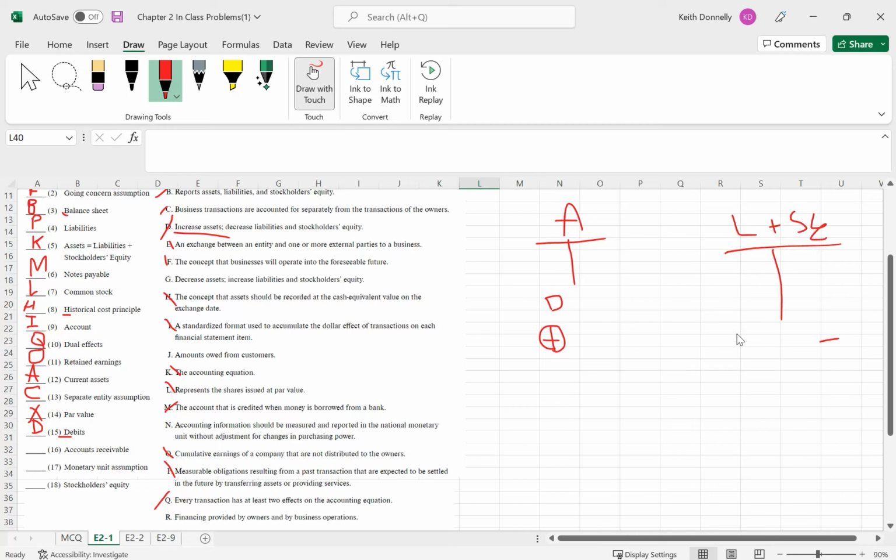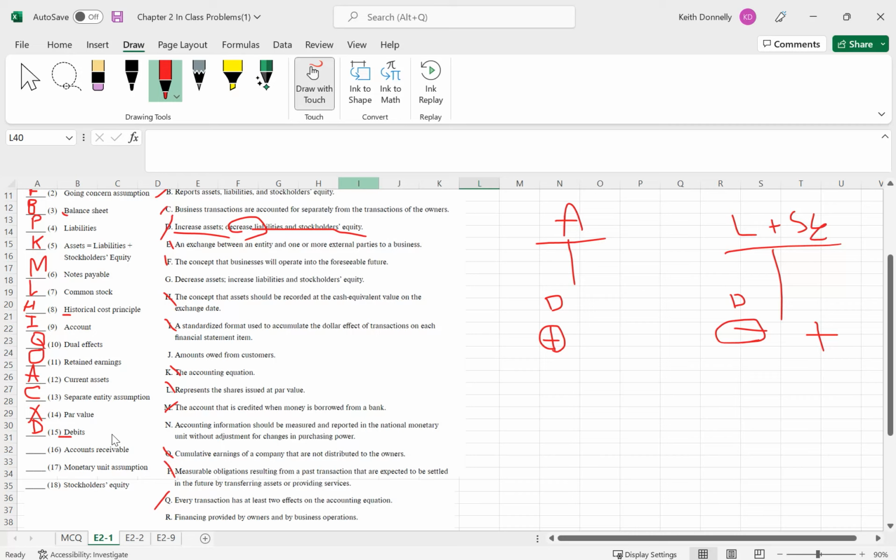Minus plus debits there are going to be subtractions, right? So for liabilities and stockholders' equity, it decreases, it's a minus.